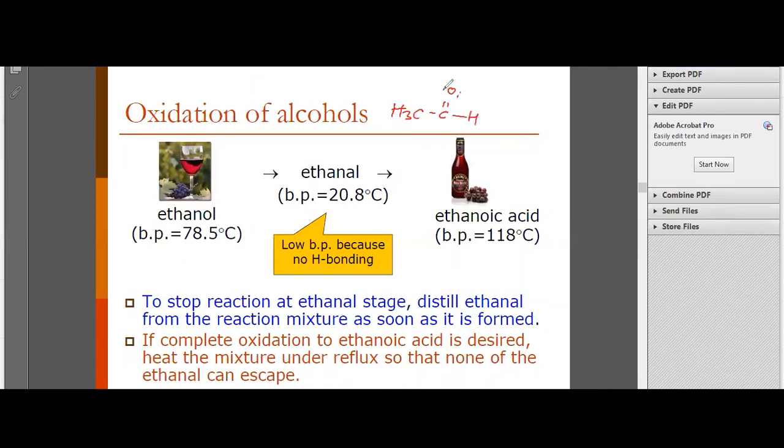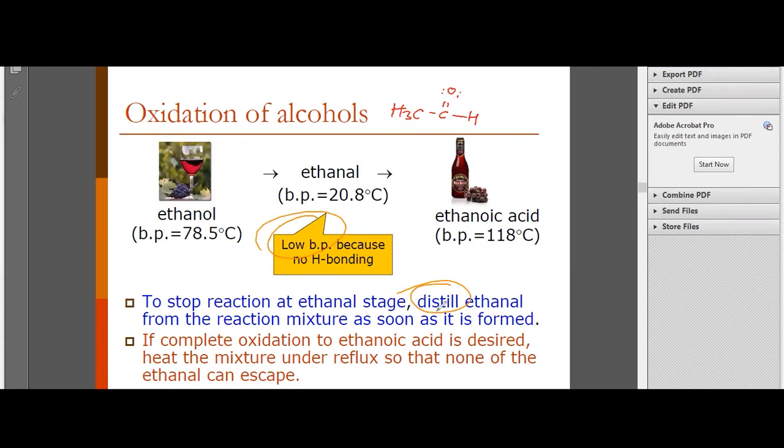Even though it has a lone pair on oxygen, it does not have a positive H, since this H is attached to this C, so it doesn't create a dipole. Since it doesn't create a dipole, it has no capability to make hydrogen bonds, so it has a low boiling point. You can distill the ethanal as soon as it is formed.